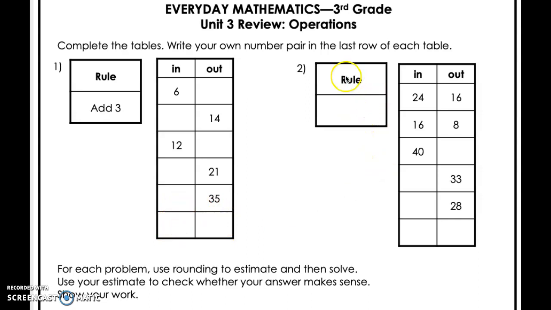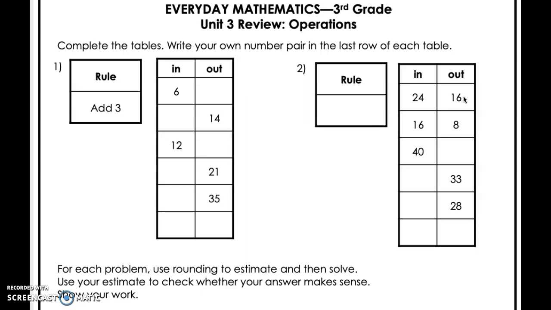Now over here, it's a little harder because we don't know the rule. So we have to figure out the rule. So first of all, we see that it goes in at 24 and comes out 16. Is that going up or down? It's going down. So it's probably subtracting.